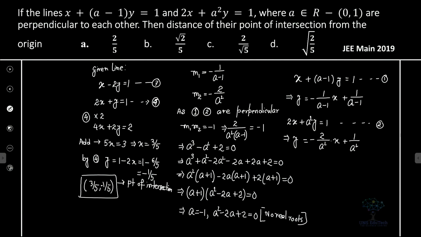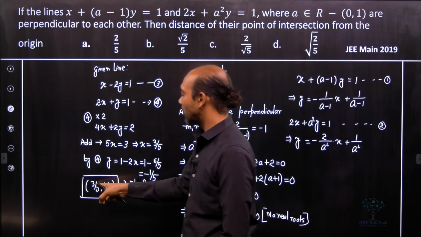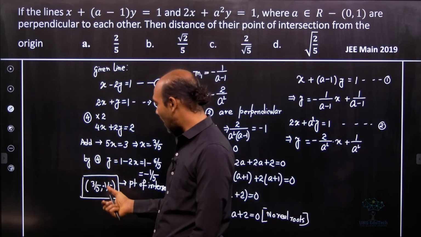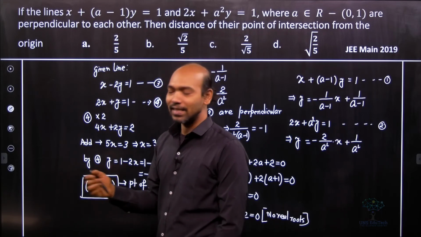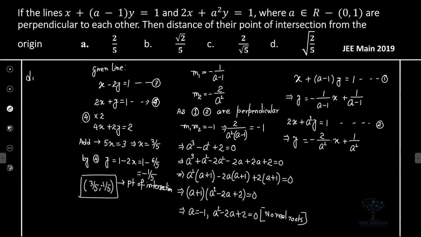Now, what is the distance of the point from the origin? It will obviously be the square root of (3 by 5) whole square plus (1 by 5) whole square.